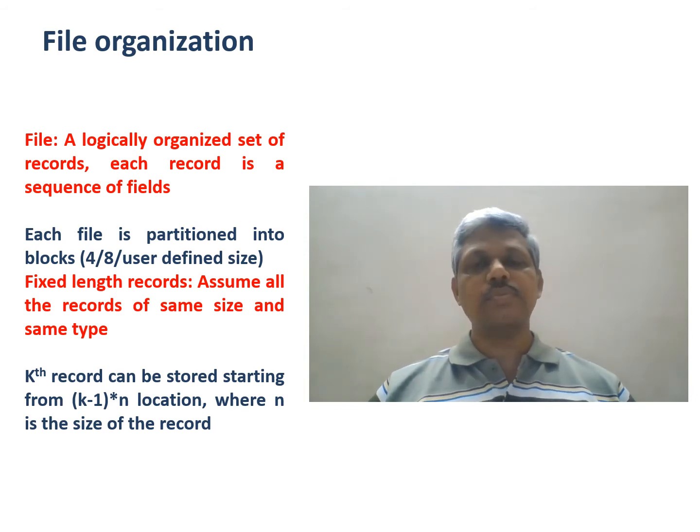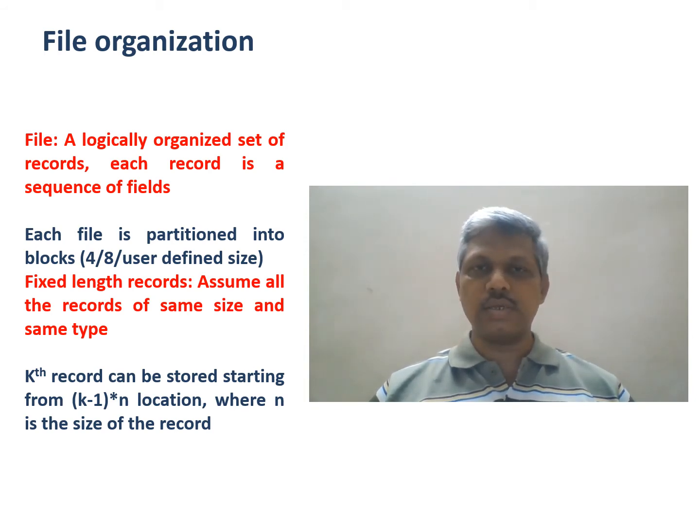No. Sometimes we may have fixed length of records, and sometimes we may have variable length records. So we need to understand how to store them in an order, and what mechanisms we need to follow so that the retrieval, accessing, and all these things are possible very quickly.